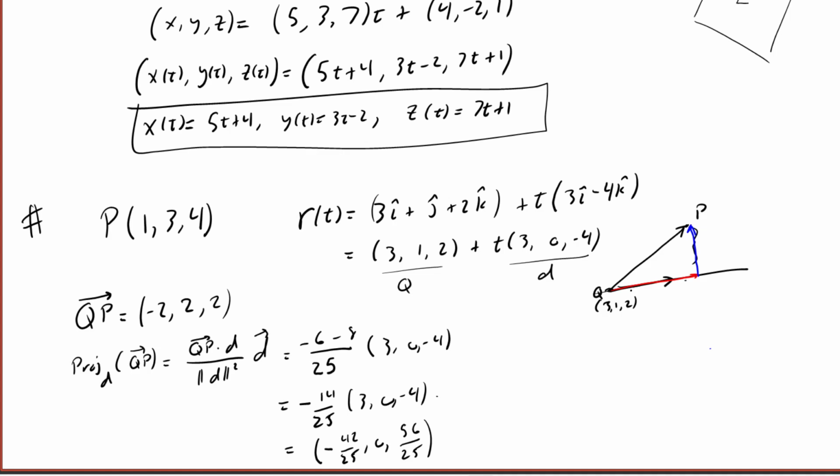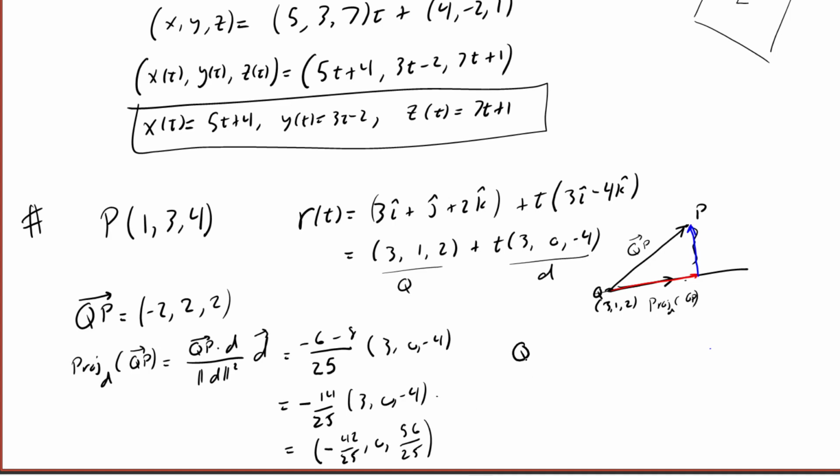Okay, so I'm almost done. That's this red vector right here. Okay, I need to do this long vector, PQ or QP, QP minus the projection of QP onto D. And that result is going to be this right here, this blue vector.